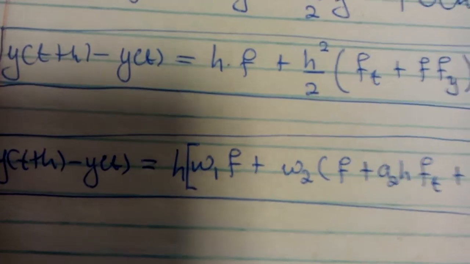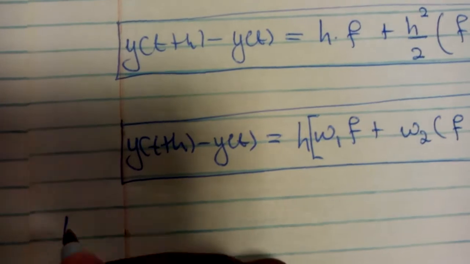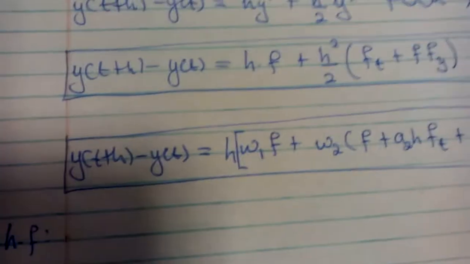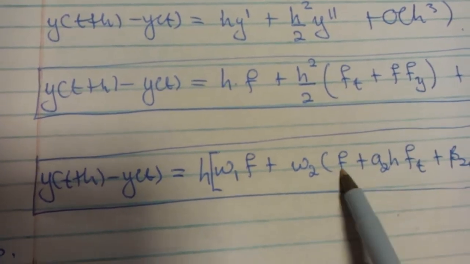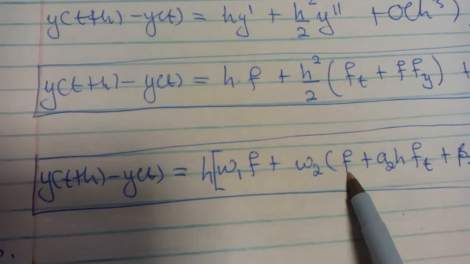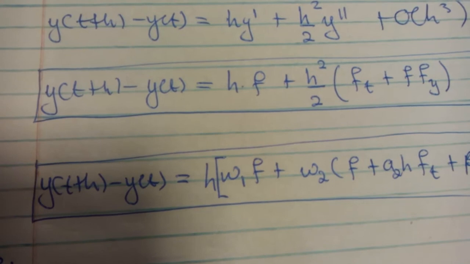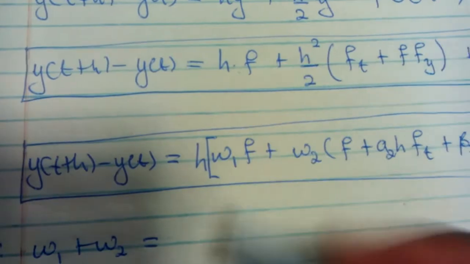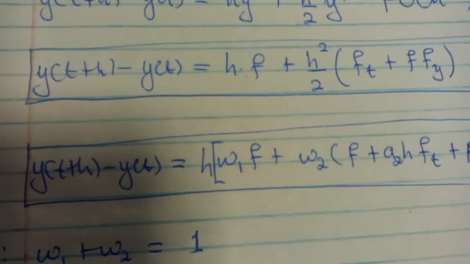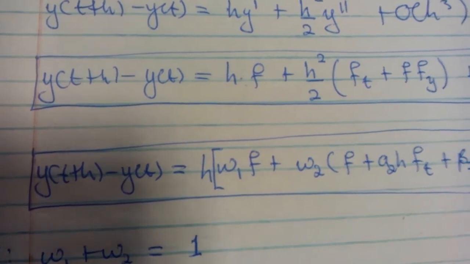Comparing coefficient by coefficient, if I take the h f terms, it is going to be this plus that. I end up with w1 plus w2 is equal to 1. And then compare the h squared f_t terms.